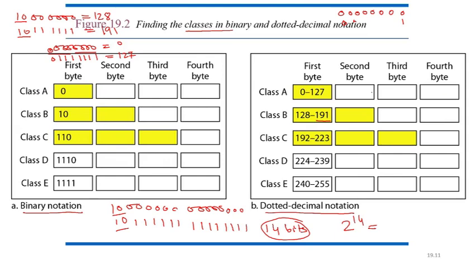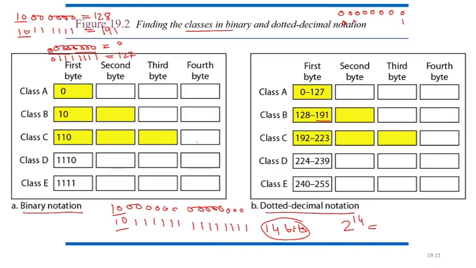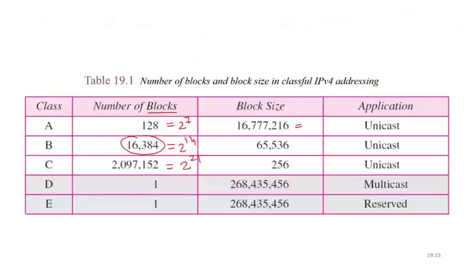So this possible range, 2 to the power 24, multiplied by 128 will be the total block size here. So that will come out to be the block size. Similarly, we can find out the block size and the number of blocks in each of the cases. So this is the basic idea about IPv4 classful addressing.